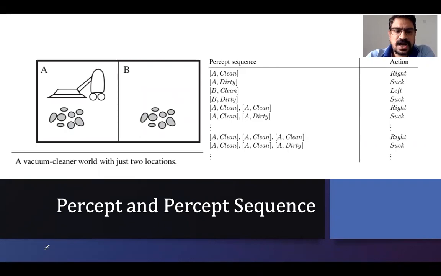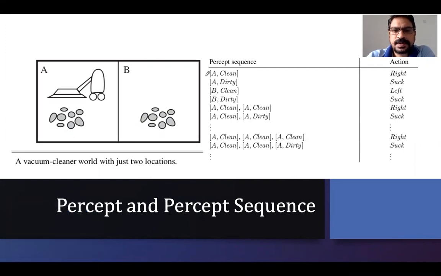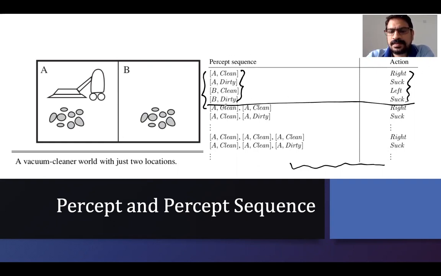These are the percepts that it has right now, and based on this percept, it has some sort of actions. This is the example of a simple agent, which has the current percept, and based on the current percept, it does some action. So what I have drawn the line around is the example of a simple reflex agent, which is not going to consider the sequence of actions.